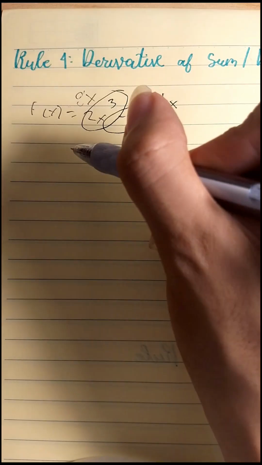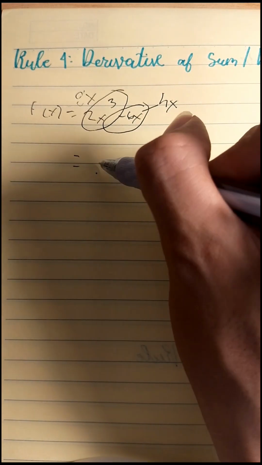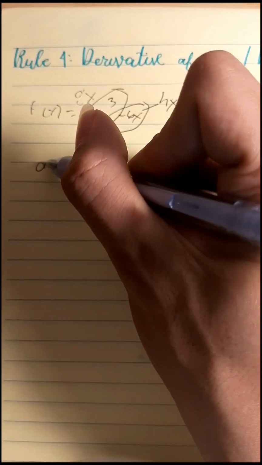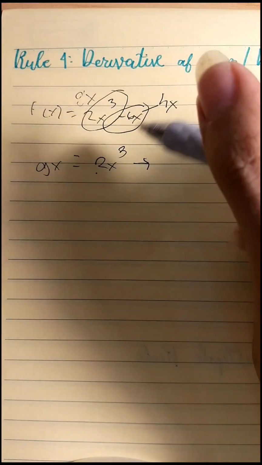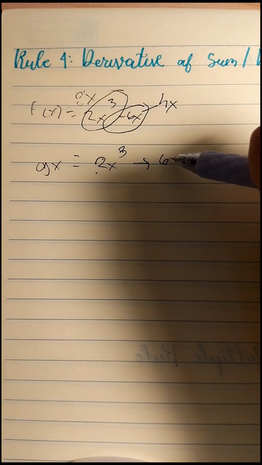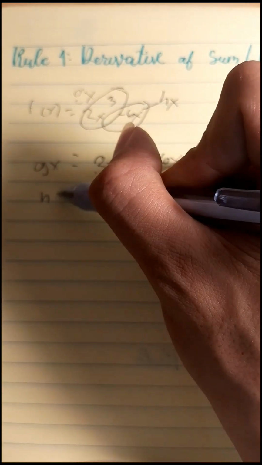All we need to do is copy 2x cubed as our g of x, and we need to do 2 times 3 is equal to 6x. Now let's move on to our h of x.